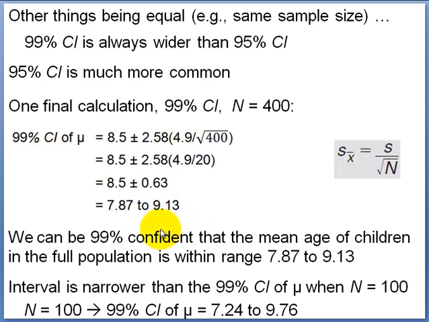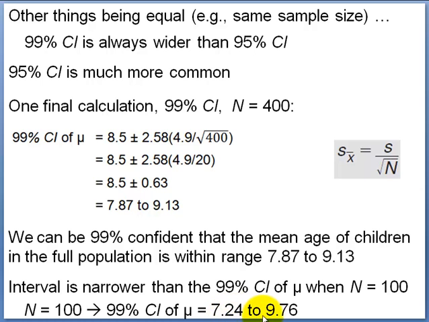7.87 to 9.13 is the confidence interval, and we can be 99% confident that the mean age of children in the full population is within the range that spans from 7.87 to 9.13. And do observe that this interval is narrower than the 99% CI when n was 100.